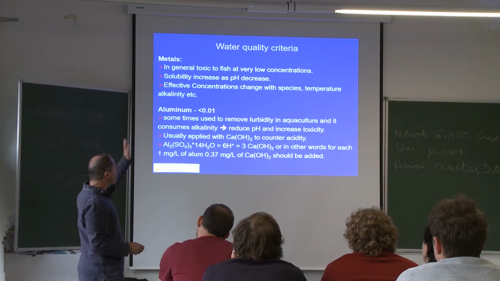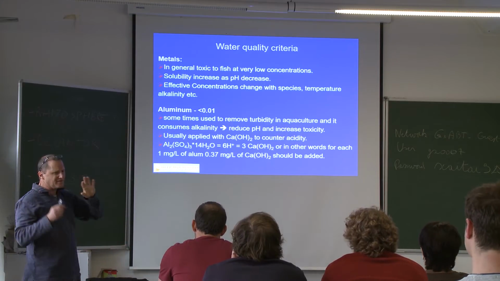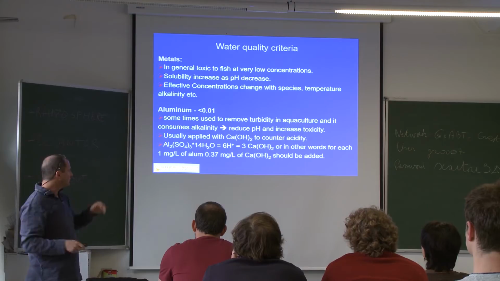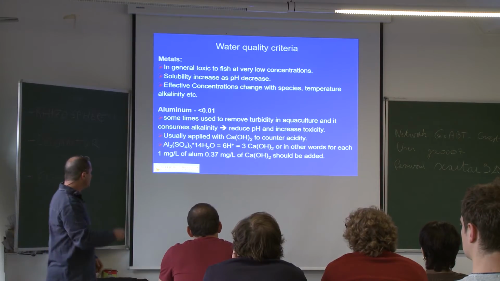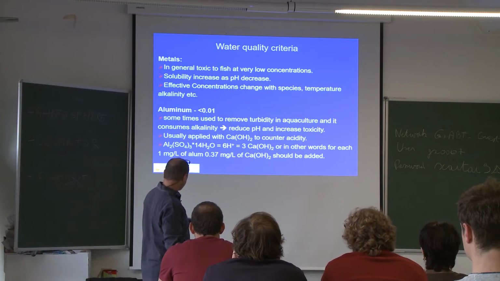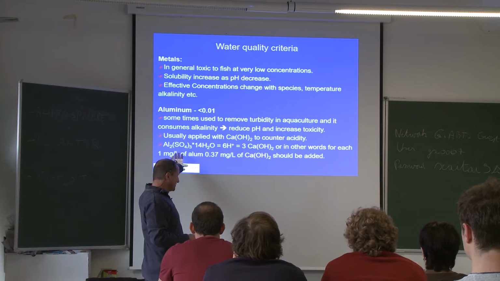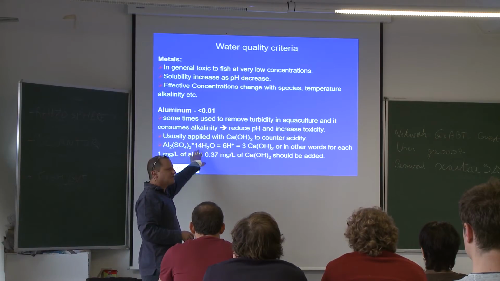Okay, so aluminum, just as a rule of thumb, it's very different from one growth to the other, but it should be fairly low, and not so much in recirculating aquaculture systems, but in fish ponds.